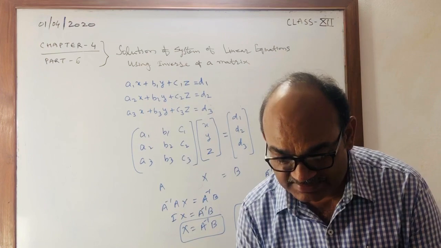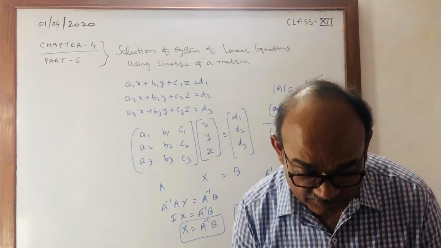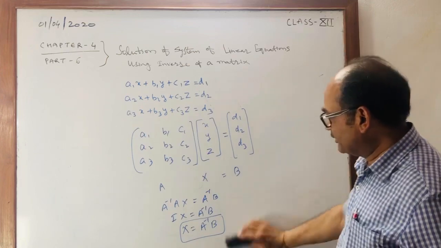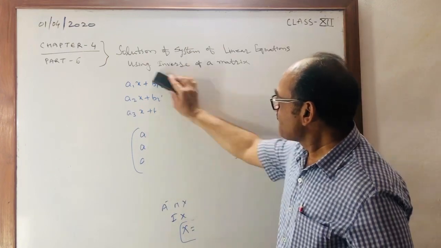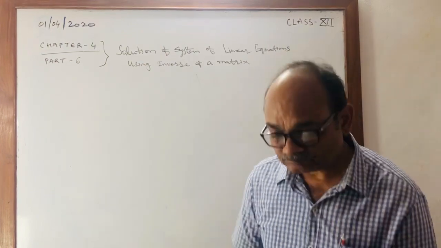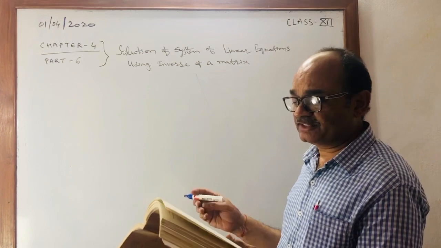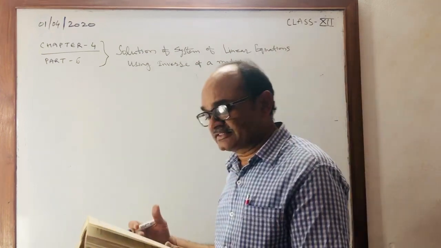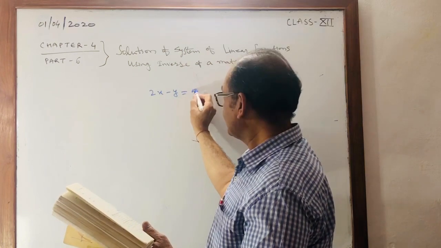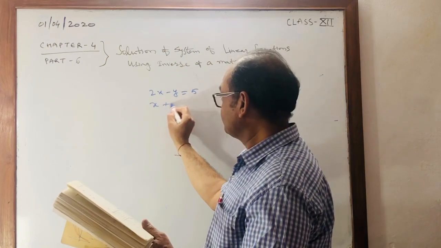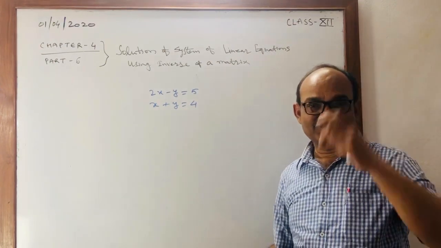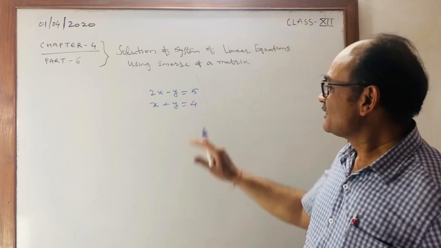Question number 1. Test the consistency of the given equations. There are 6 questions to check the consistency. Say 2x minus y equals 5, x plus y equals... same as class 10th, but we have to use the matrix method.